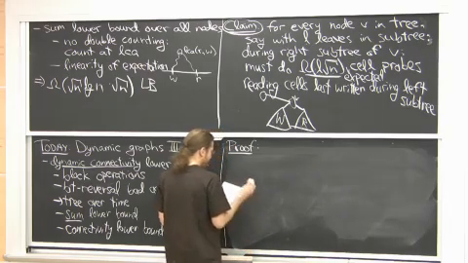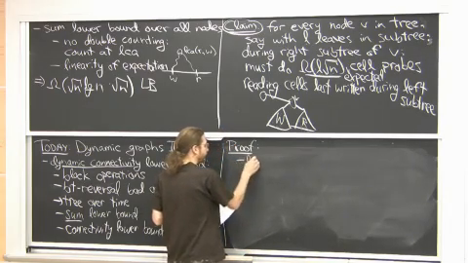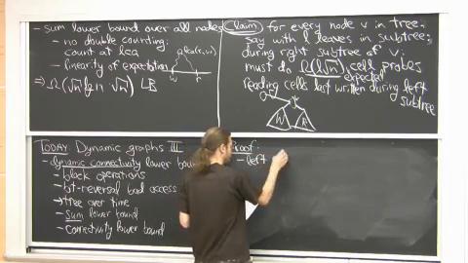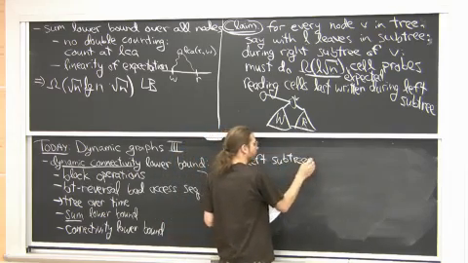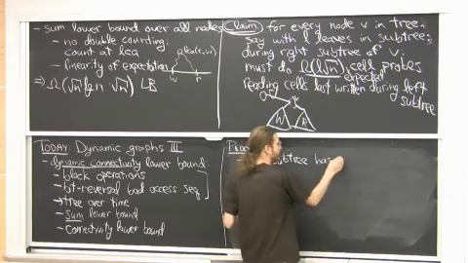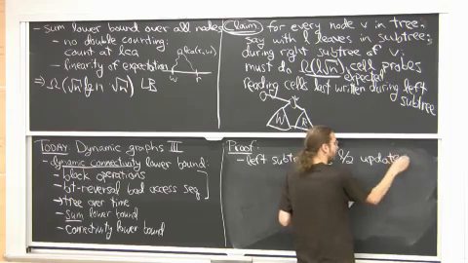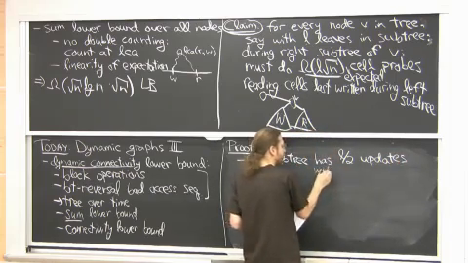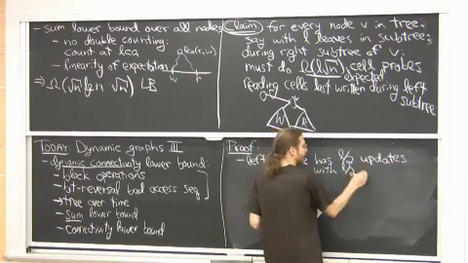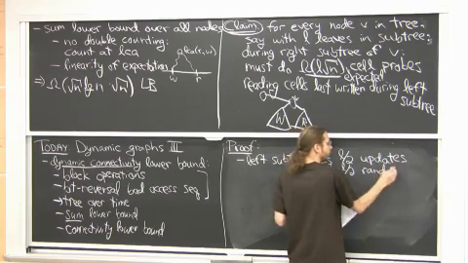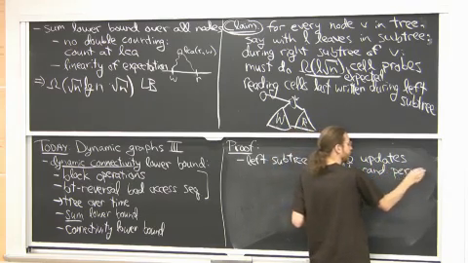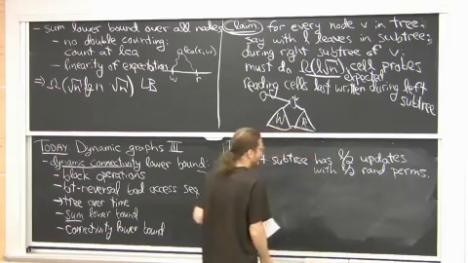So how are we going to formalize that? Well, left subtree does L over 2 updates with L over 2 uniform random permutations, because every node does an update.